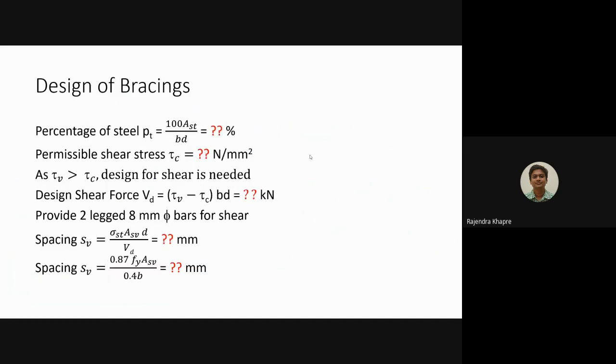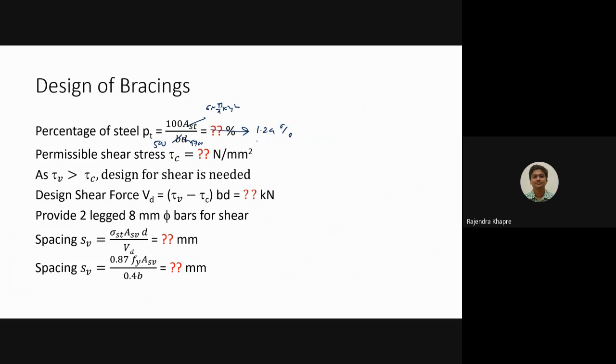So correspondingly you calculate the percentage of steel. So width is 500, depth is 474, AST is 6 into pi by 4 into 25 square. How much is the percentage of the steel? 1.24%.